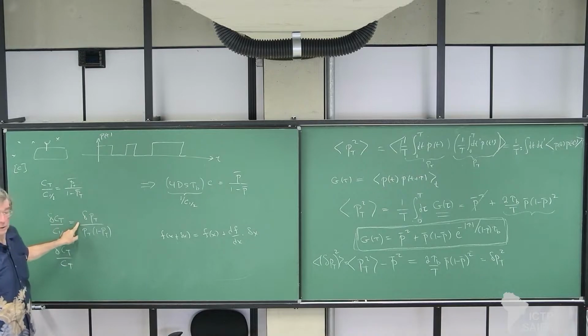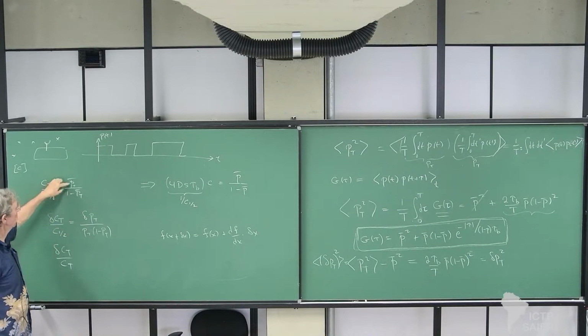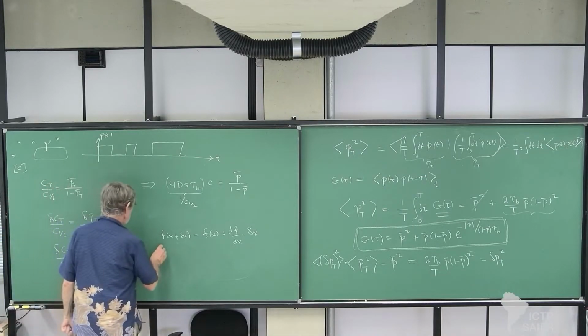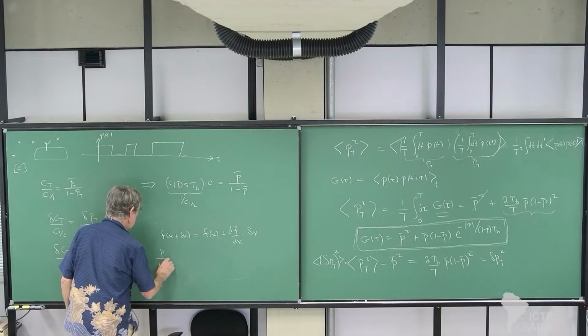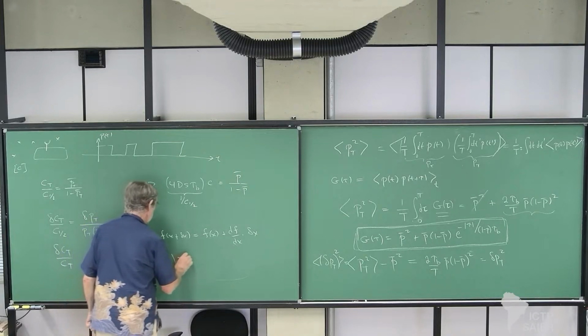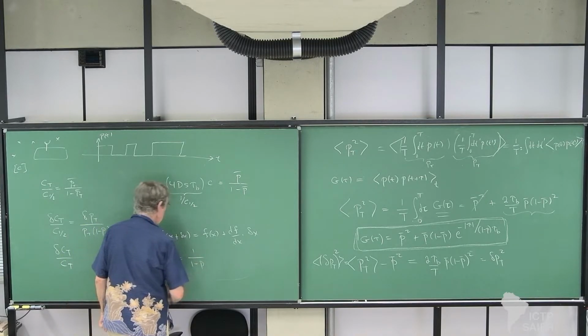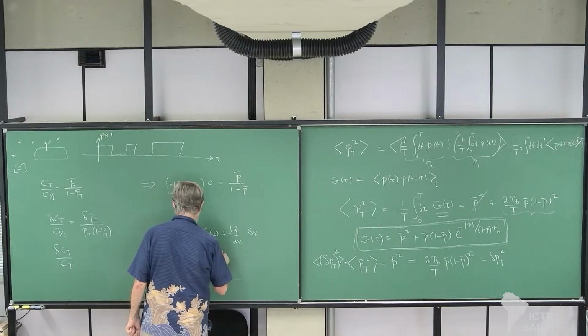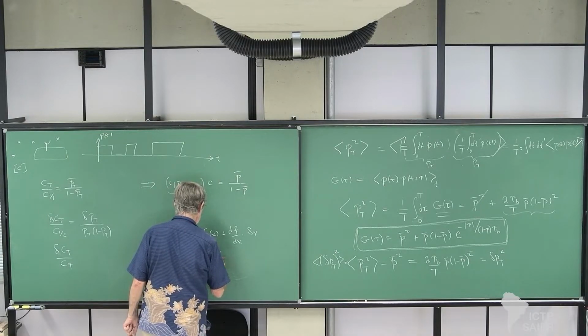That's this, all right? So if I differentiate P over 1 minus P with respect to P, what do I get? 1 over 1 minus P plus P over 1 minus P squared.